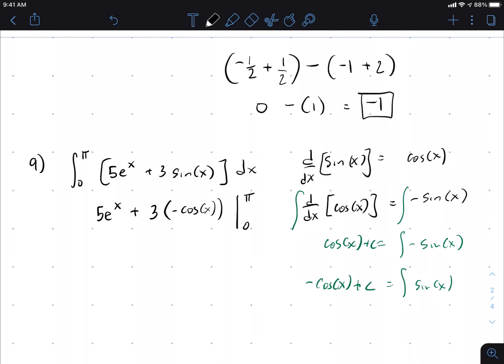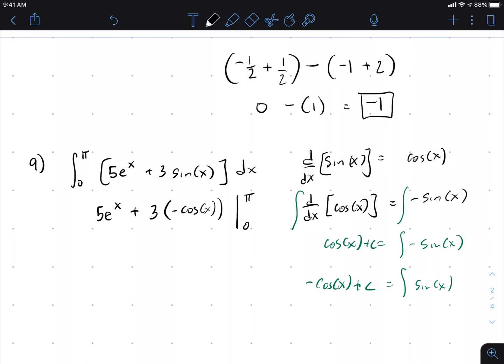Okay. So cool, we're good with the integral, right? Now when I plug in, remember, it's the integral evaluated at the top value, pi, minus the integral evaluated at the bottom value, which is 0.